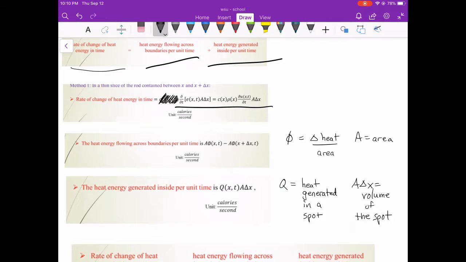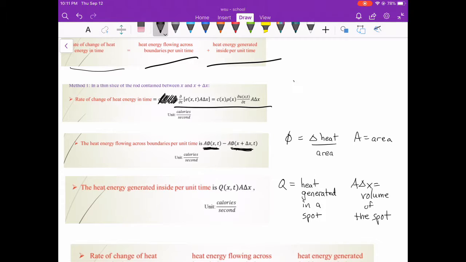The heat energy flowing across boundaries is essentially the area of the boundary times the change in heat in area. That's what this phi is. It's the change in heat divided by the area, and so if you multiply it by the area, you're getting the change in heat. And this expression is saying the heat at one end of the hockey puck versus the other, because this is the area and this was x, and this was x plus delta x or something.